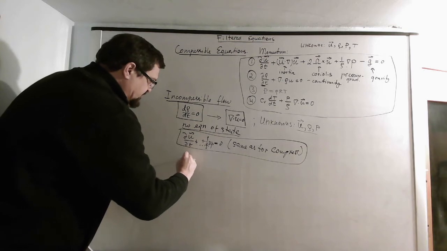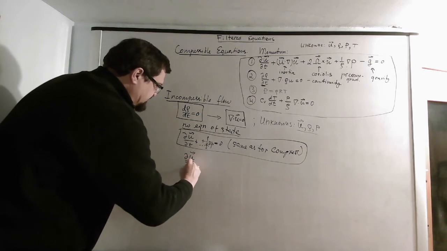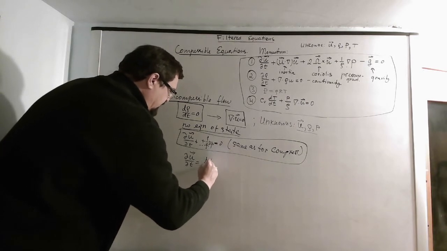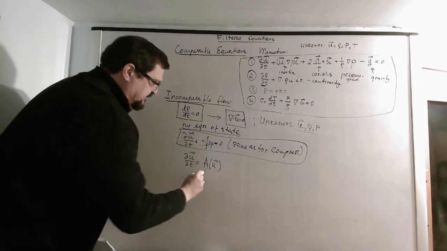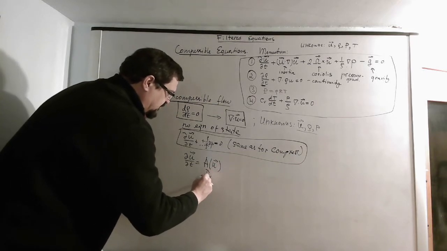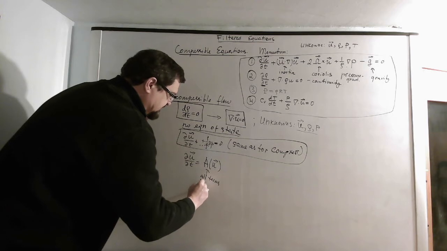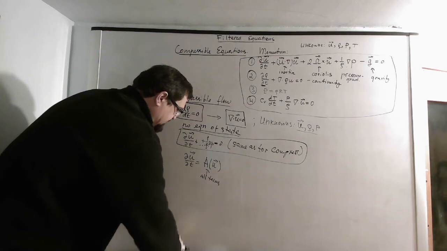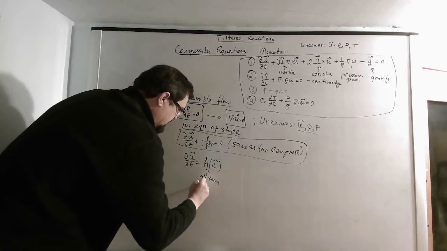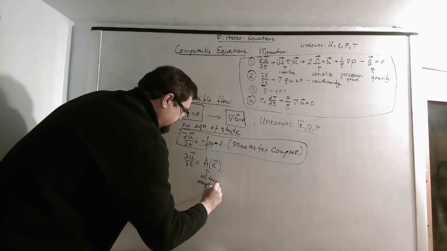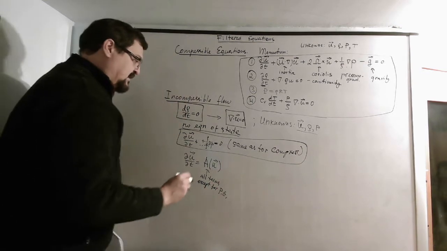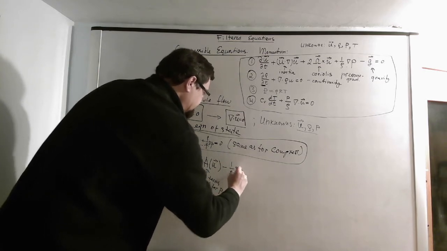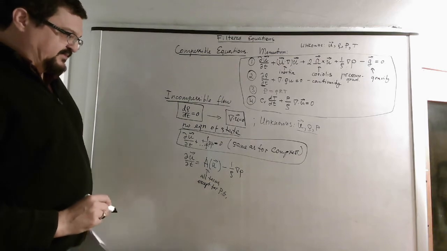Let's say that the momentum equation can be written in some general form, as the sum A of u, all terms except for the pressure gradient. And then we add the pressure gradient here, minus 1 over rho gradient of pressure. So this is our momentum equation.